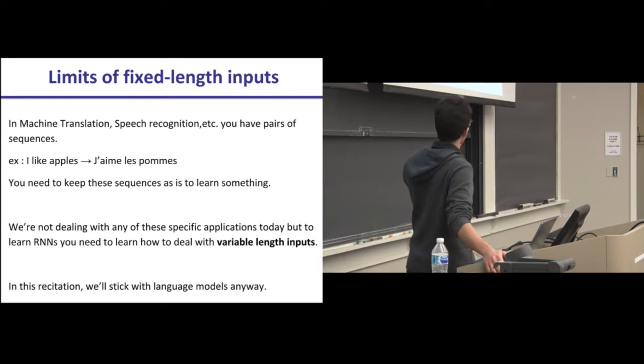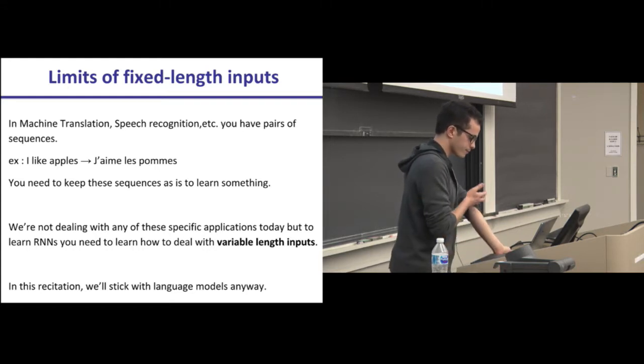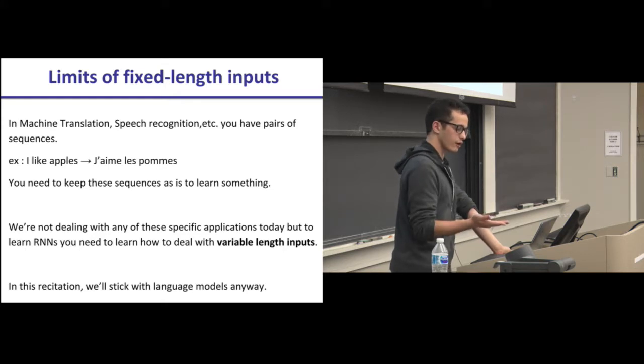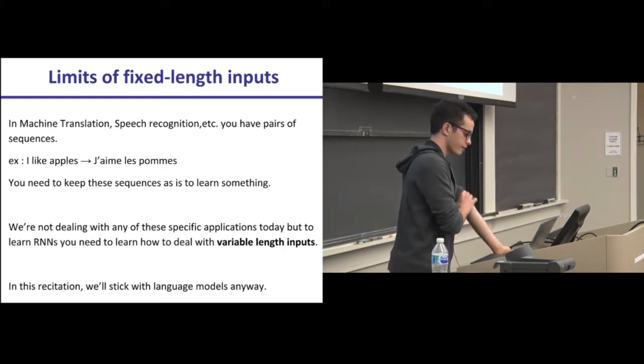If you take the first half of the sentence, you don't know what part of the labels is predicting that. Basically, you have to deal with the inputs as they're given to you. So you have to do variable length RNNs.